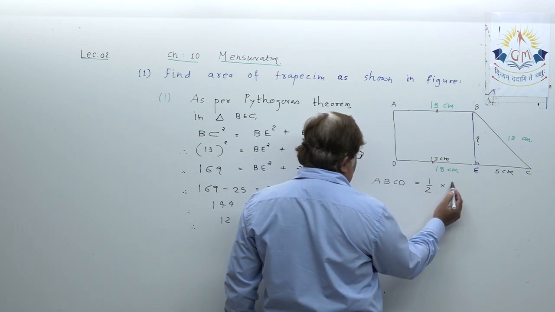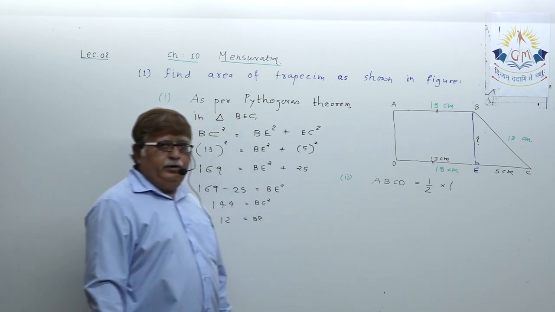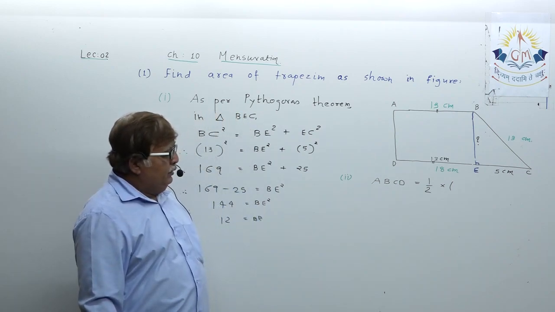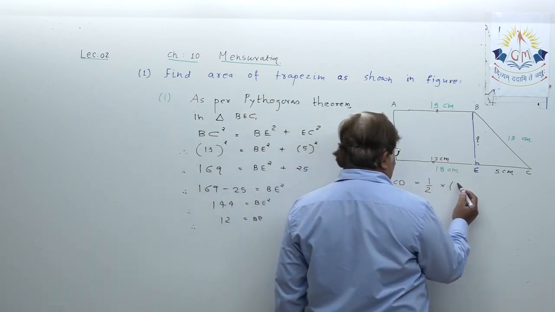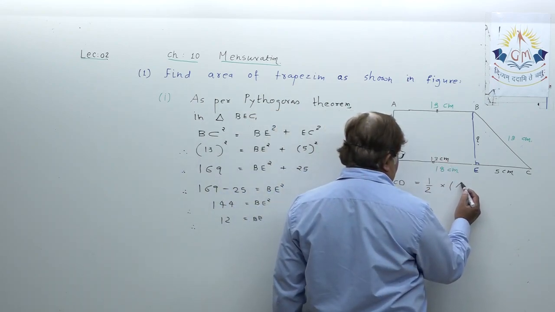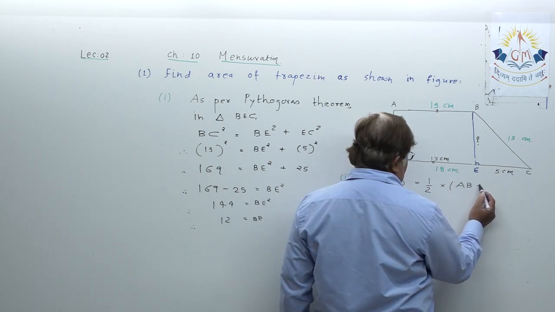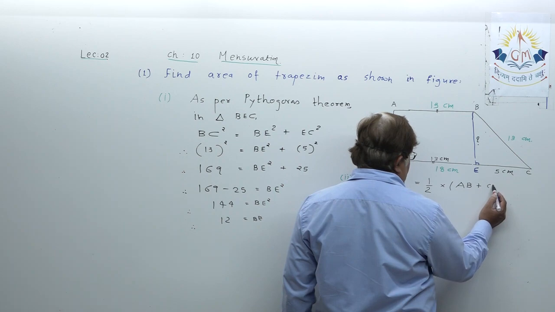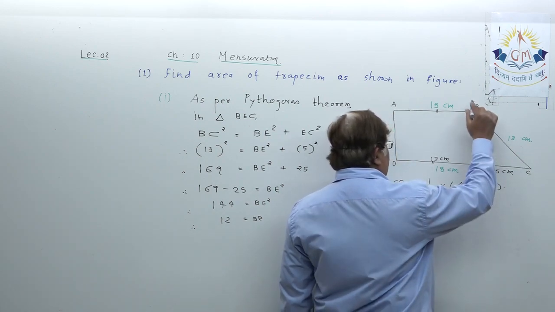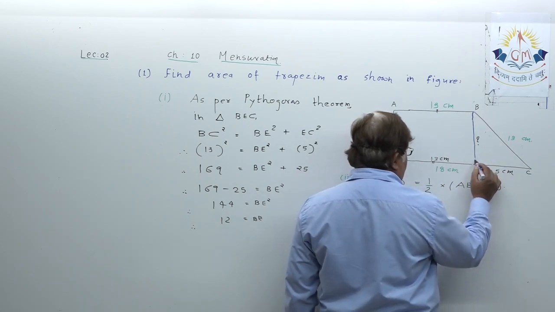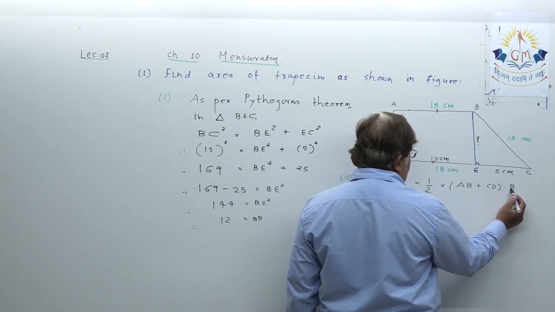Half into bracket AB plus CD into the distance between the parallel sides, that is BE.